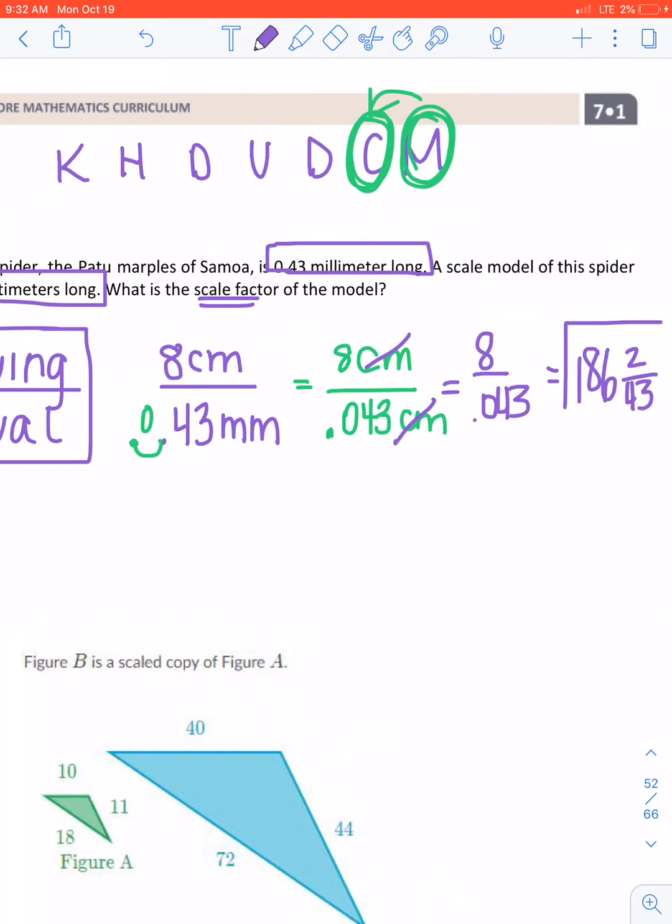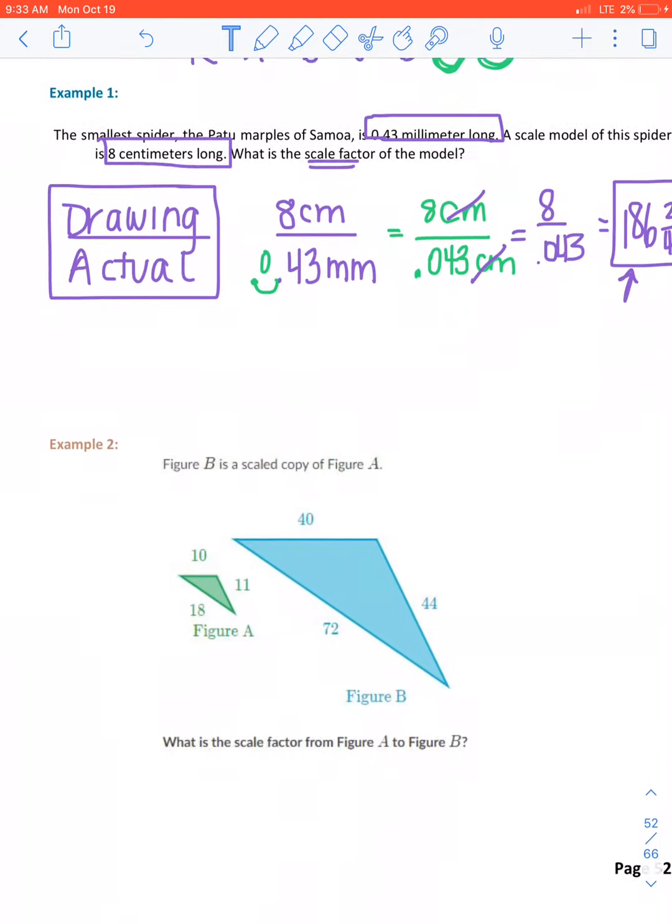Now, this is kind of a weird scale factor, but not really, because that spider was so small that you had to draw it bigger than it actually was. And in this case, it's telling you it's 186 times as big as the actual spider. So that's your scale factor.